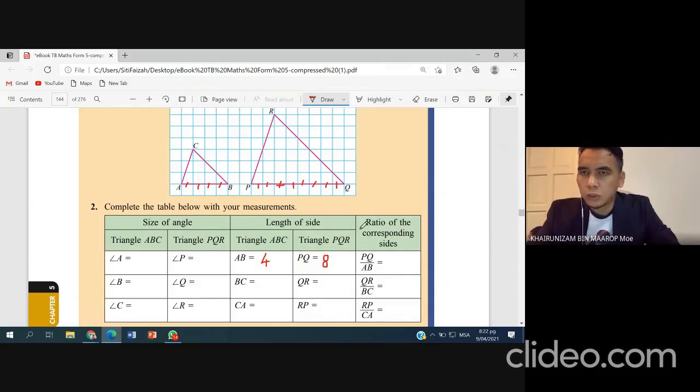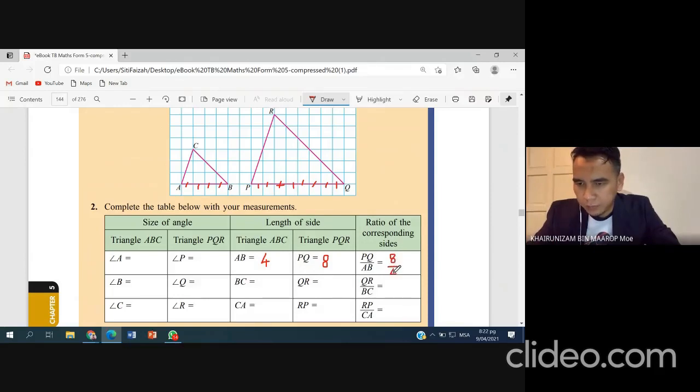So we need to find the ratio. So 8 divided by 4.